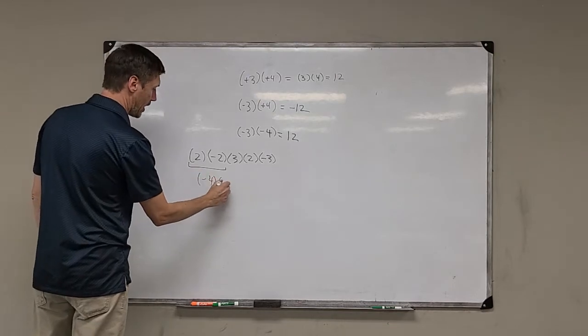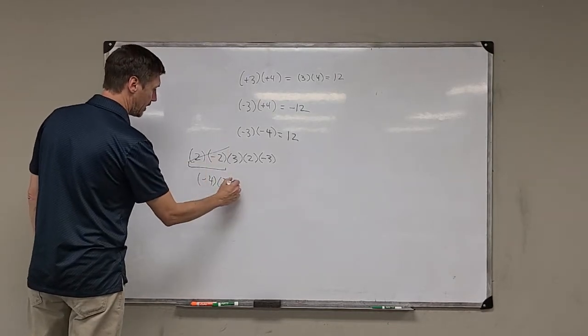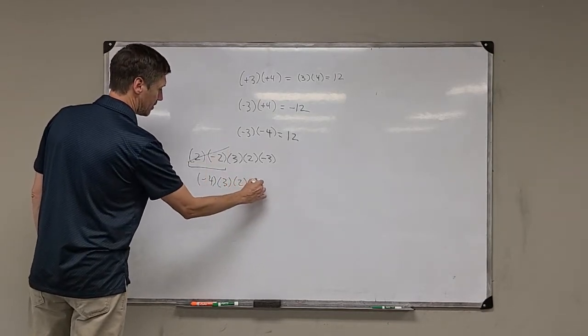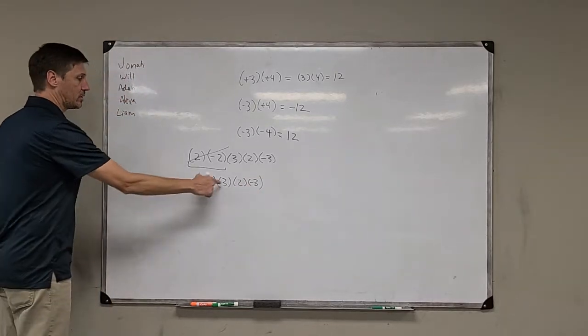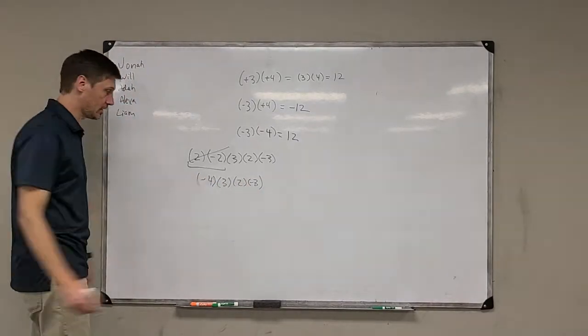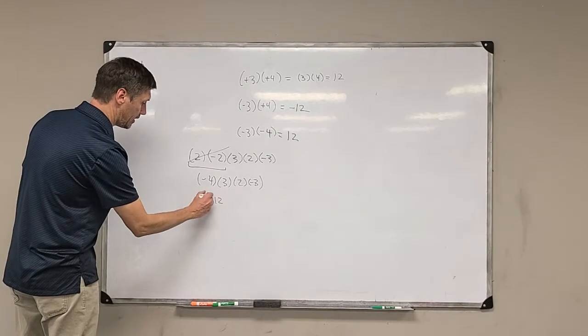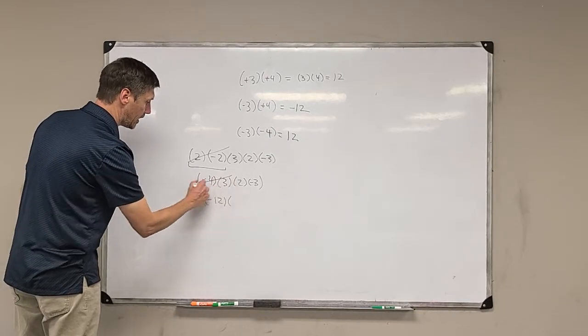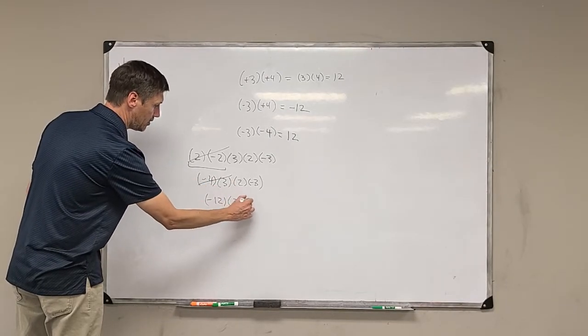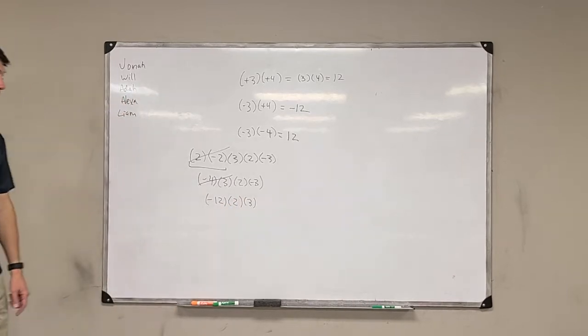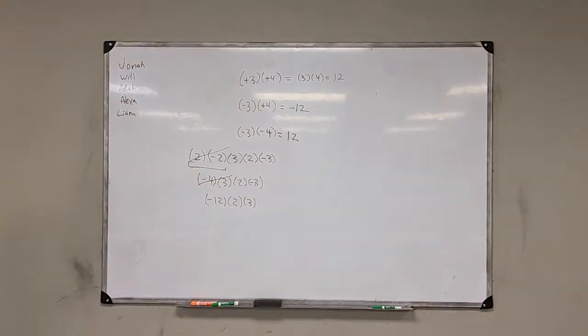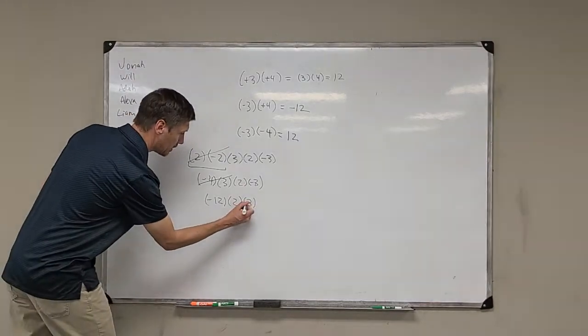And so we could rewrite what's left because we've taken care of that piece, right? So now we have a negative 4 times positive 3, which is negative 12, right? They have differing signs, so we've taken care of that part of it. So we've got a 2 and a 3 left. Negative 12 times 2. I dropped my negative over here. I was like, wait a minute, this is supposed to end up all being positive.